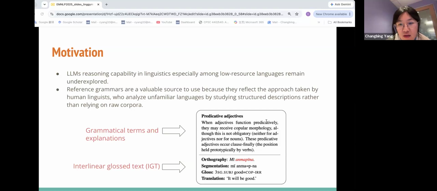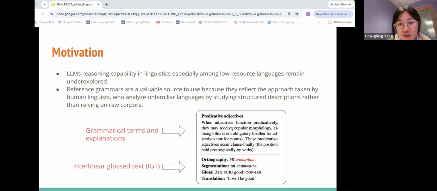A typical reference grammar has two main parts. As you can see in this example, the first part explains the grammar rules. There's an explanation of this section, and the second part includes interlinear gloss text, a format that linguists use to annotate example sentences, as I mentioned just now.